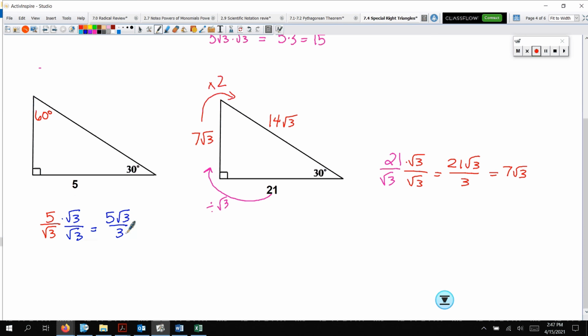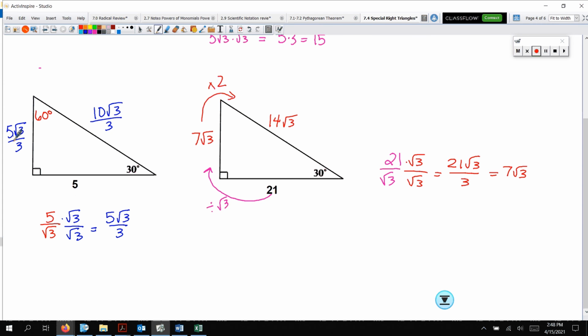I cannot simplify 5 and 3. So that's the measure of the short side. Isn't it beautiful? JK, silly gooses. Now remember, we take this short leg and we multiply by 2 to find the hypotenuse. 5 root 3 over 3 times 2 is 10 root 3 over 3.